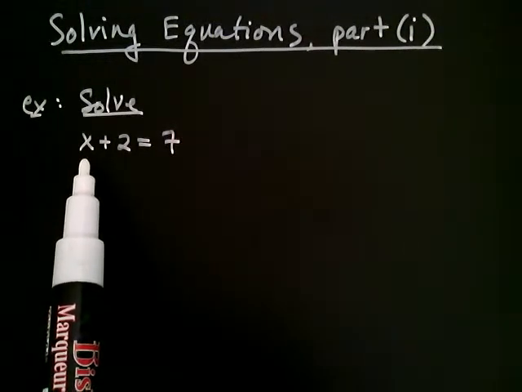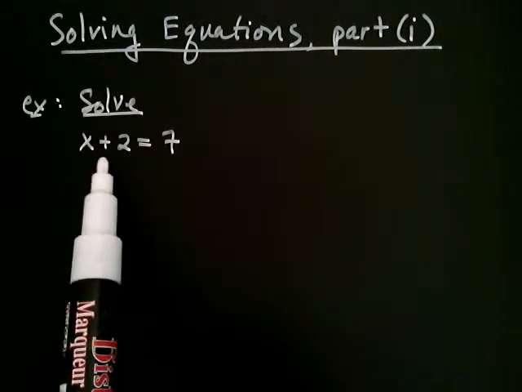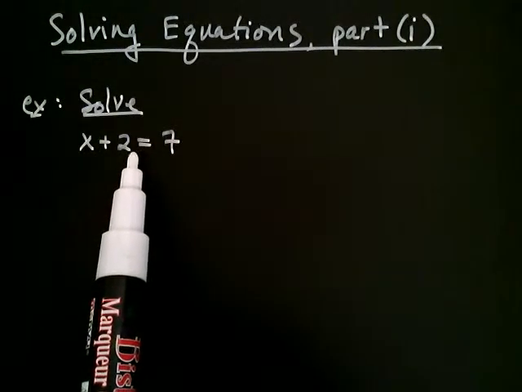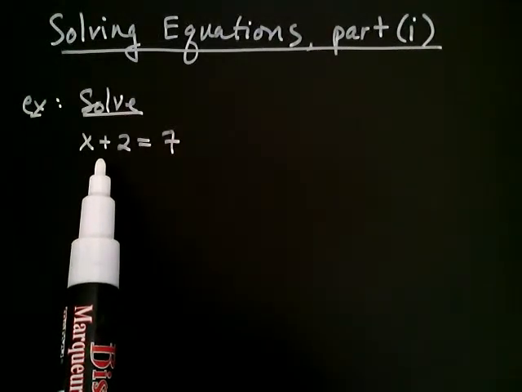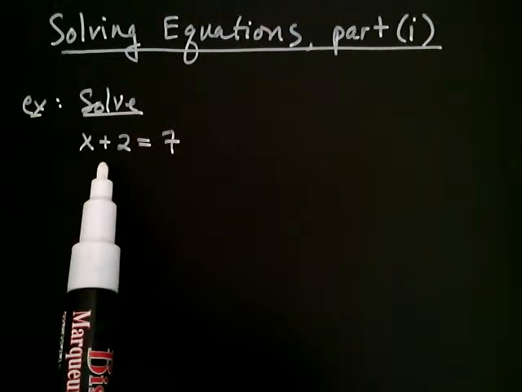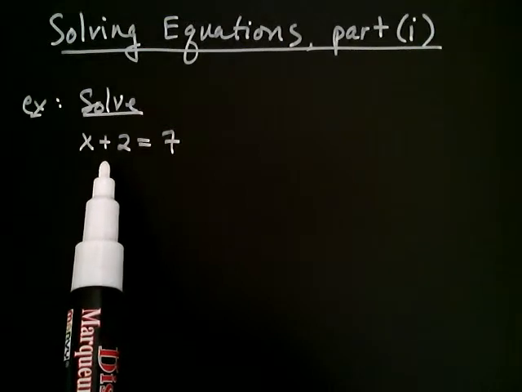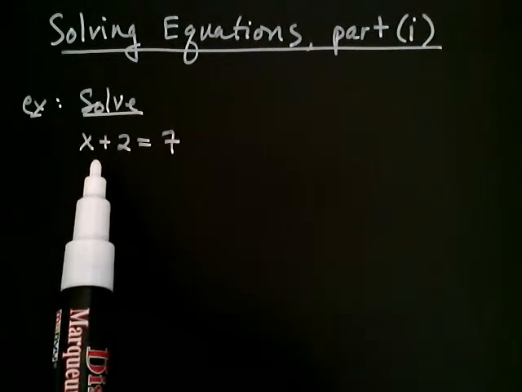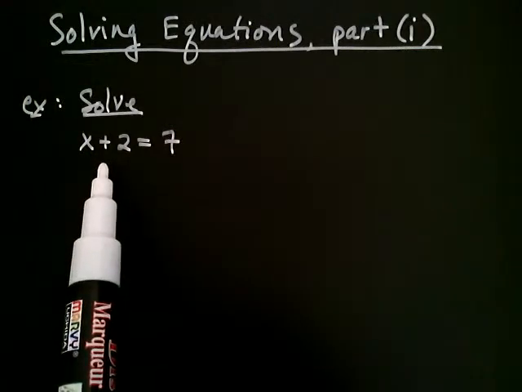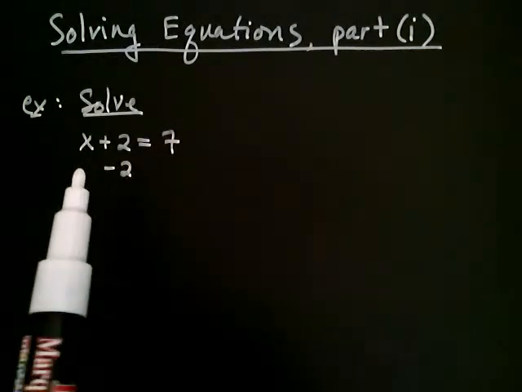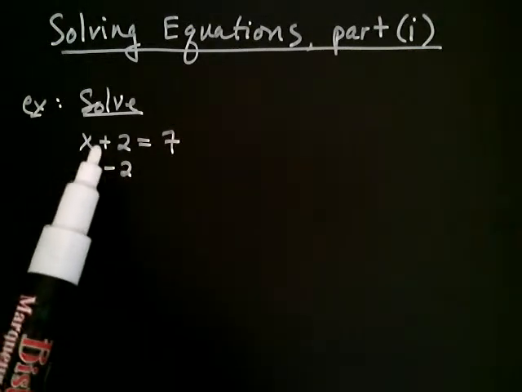And on the left-hand side of the equation, somebody added 2 to x. So if you want x by itself, you'd have to undo that operation of addition. So if somebody added 2, you could undo that by subtracting 2. So I can subtract 2 to offset the addition of 2.